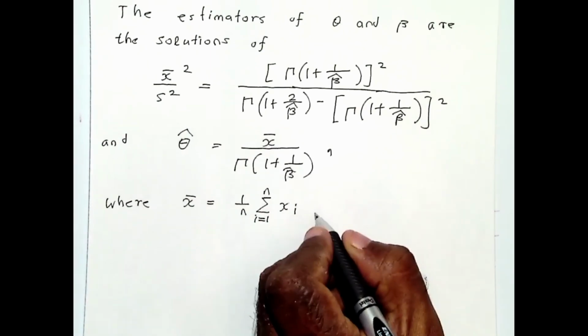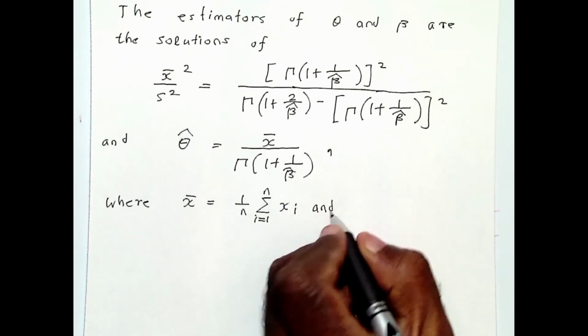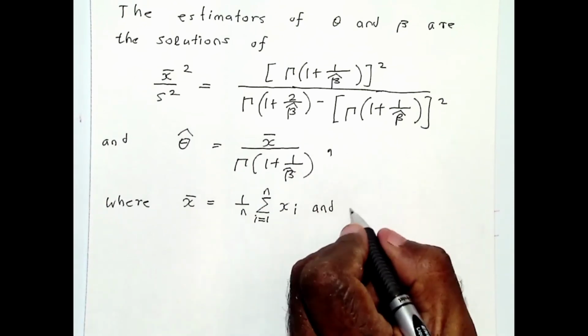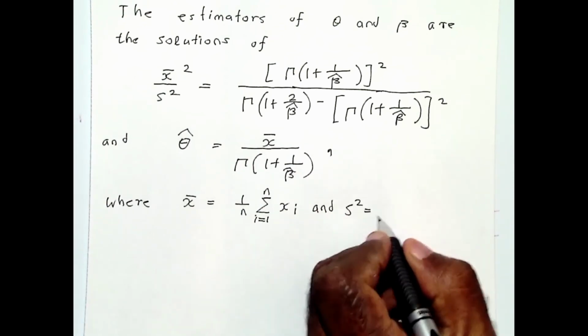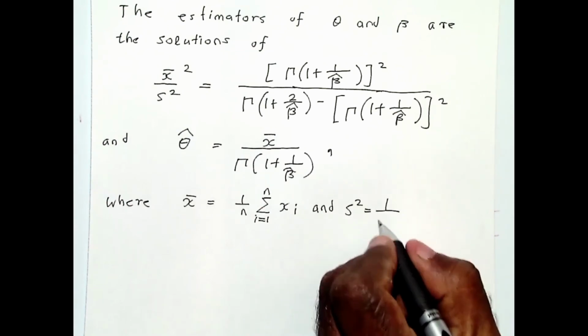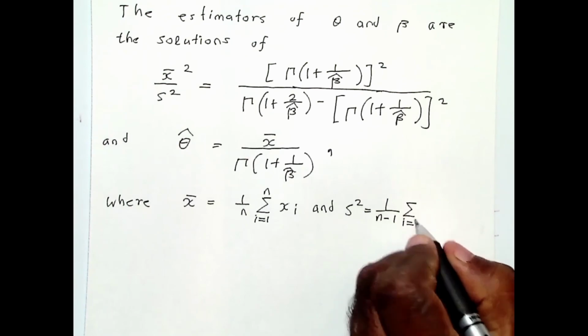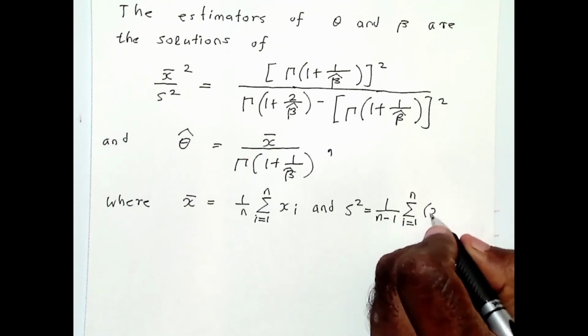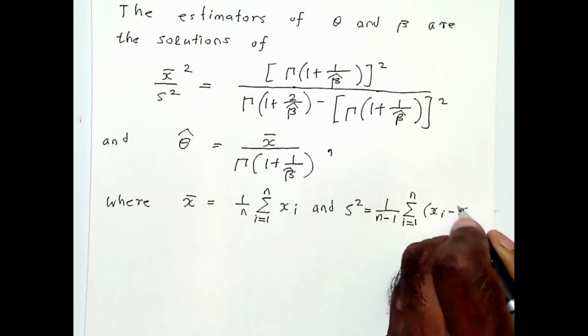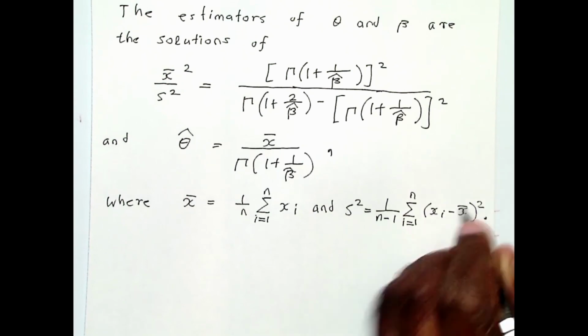And S squared is the sample variance. So it is 1 over n minus 1 times the sum of the squares of the deviations.